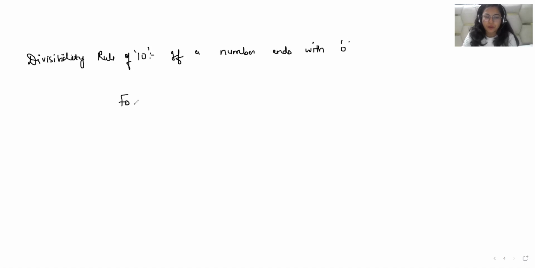Simple. For example, 720. Yes, it ends with 0, so it will be completely divisible by 10. 1600. Yes, it will be divisible by 10 because it ends with 0. So you have to just remember one condition, that is the number is divisible by 10 only when it ends with 0.